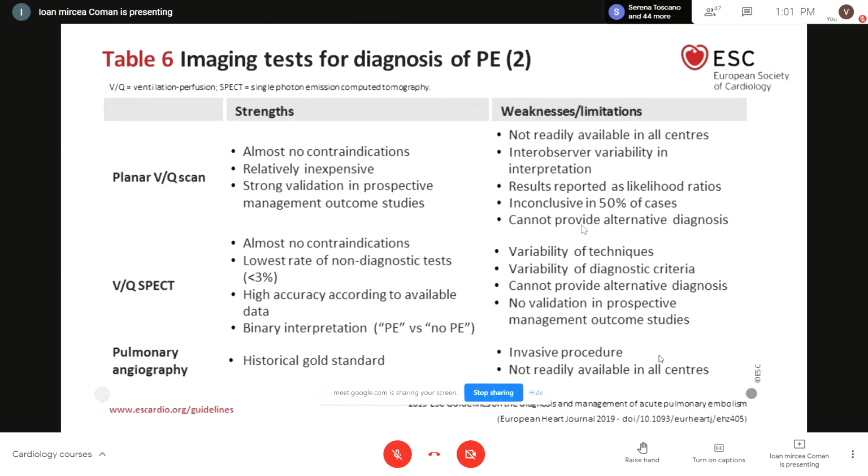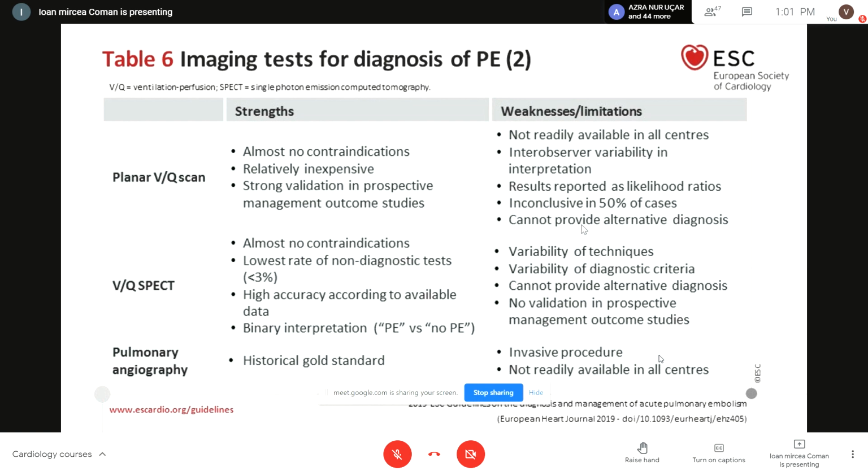What else can we use for diagnosis? We can use the ventilation perfusion scintigraphy, which was 10 or 15 years ago the main diagnostic tool. But yes, it has fewer contraindications, it's not so expensive, it has strong validation, but it's very, very difficult in terms of availability.